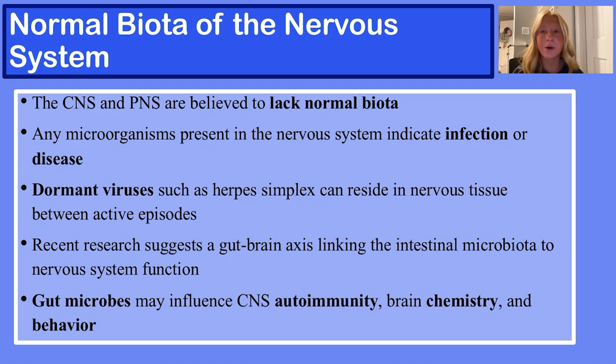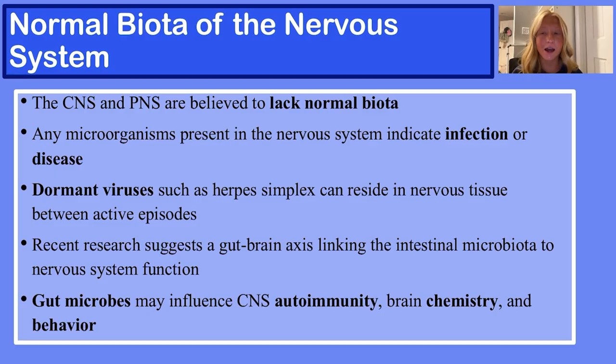So under normal conditions, both the central and peripheral nervous system are considered sterile, meaning they don't host any normal microbial communities. And if microorganisms are found here, it's always a sign of infection. But there are exceptions, like herpes simplex virus, which can remain dormant in nerve tissue in between outbreaks, but it's not considered part of the normal biota.